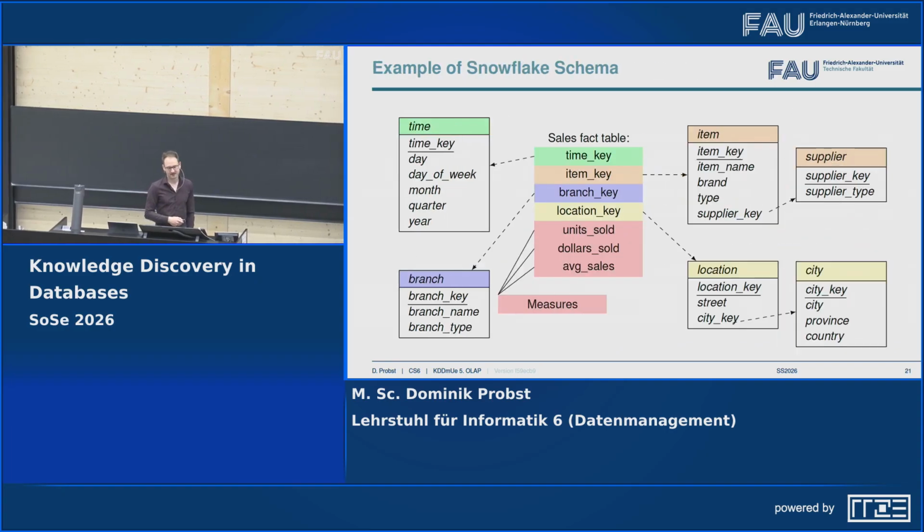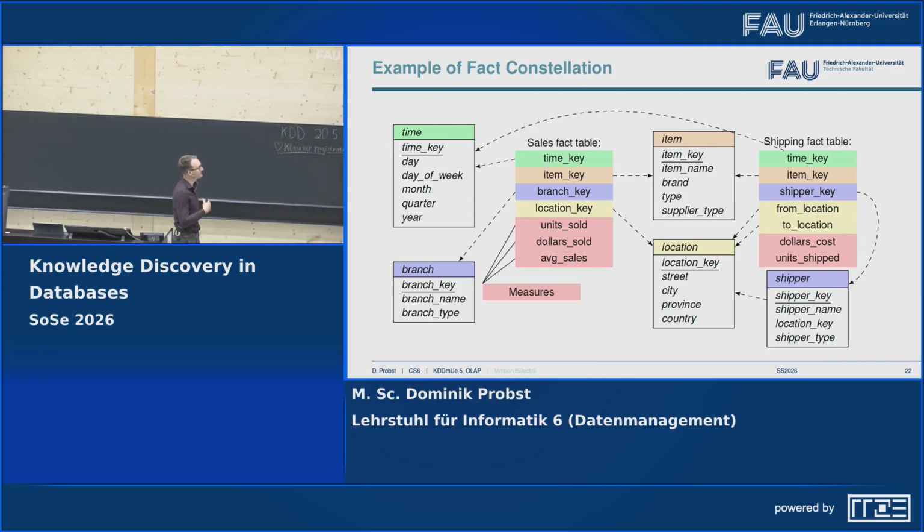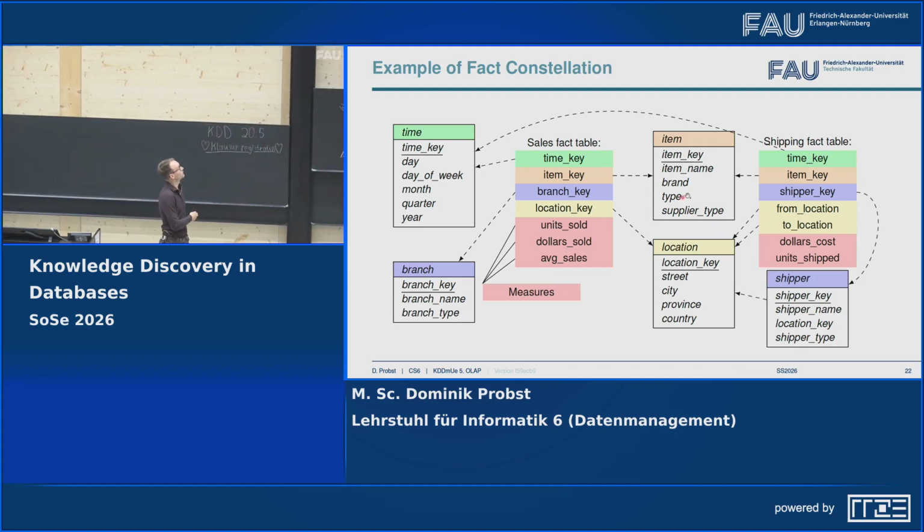Well, then there's another case, the fact constellation. This thing, again, most often is based on a star schema. So we only have 1 table per dimension, be it time, branch, item, and location. But we are reusing those dimensions in different fact tables. For example, we can have a shipping fact table, and we can have a sales fact table. And of course, both the shipping fact table and the sales fact table can use the same location table.